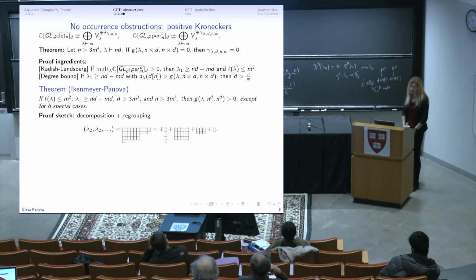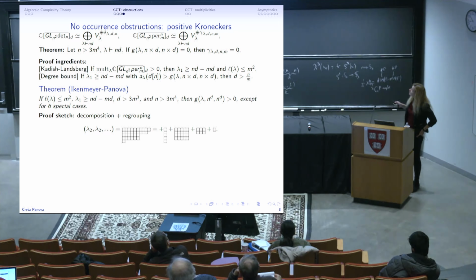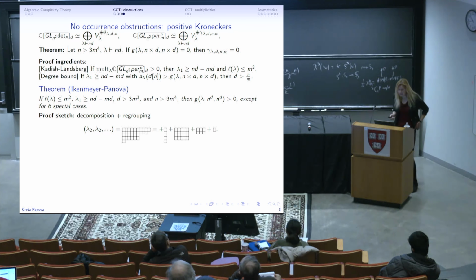So the first part is to decompose our partition. Sorry, there should be lambda 2, lambda 3, and so on. So we decompose it into almost squares of various types and small partitions and single rows, single columns, and two rectangles.